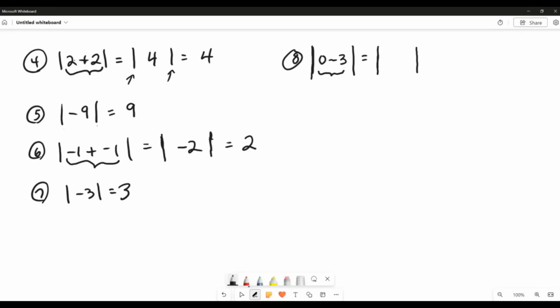What is 0 minus 3? Okay, we need to be careful. 0 minus 3 is negative 3. Now that everything on the inside is cleaned up, we can take the absolute value of negative 3, and what do we get as our final answer?